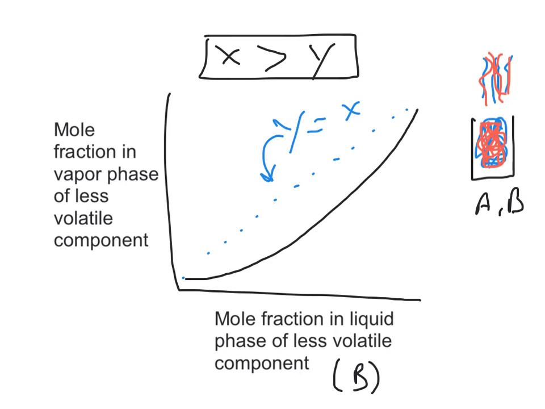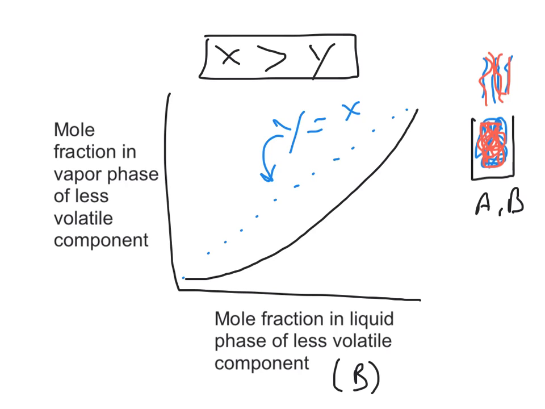That's the one you'll typically see. That doesn't mean we won't see this type of plot where we have plotted the less volatile component. It's just less common. So we often will deal, as I said, with the plots where this curve is above the y equals x line, or it's for the more volatile component.